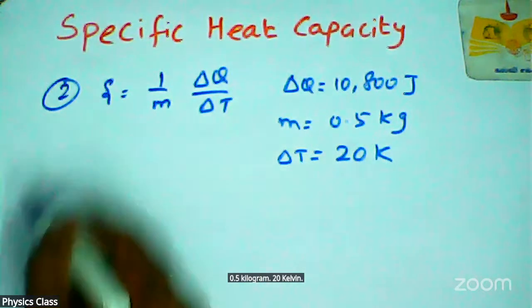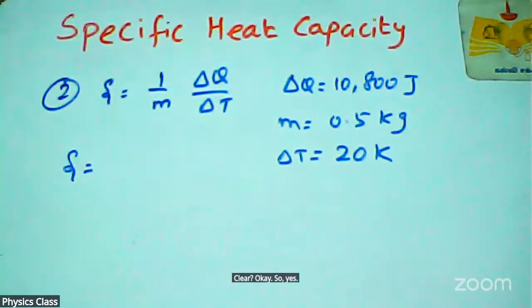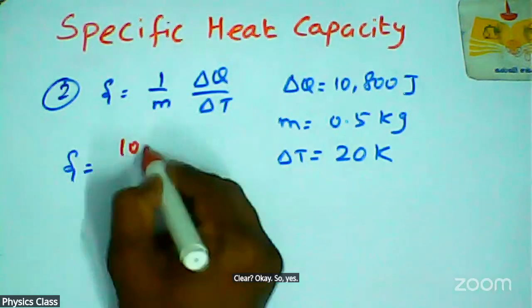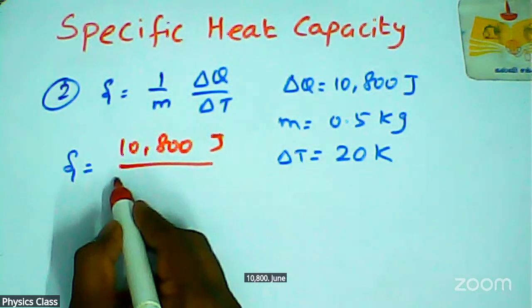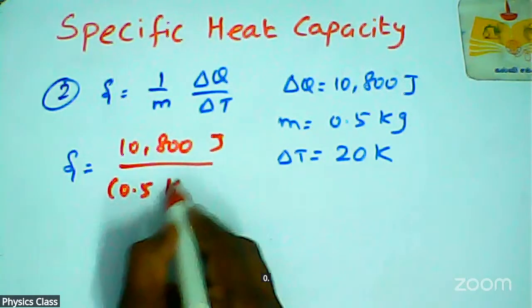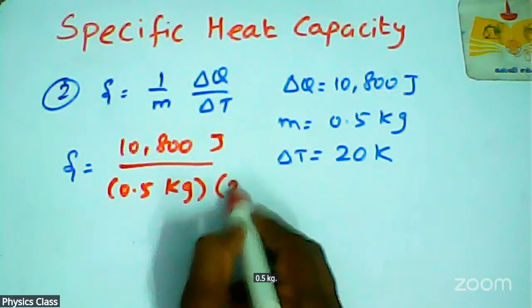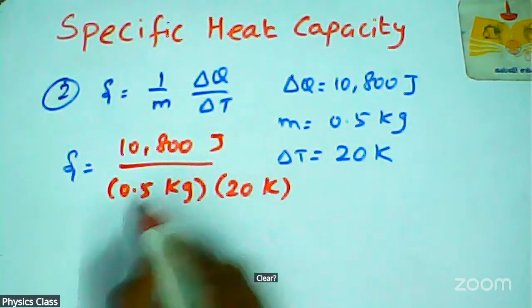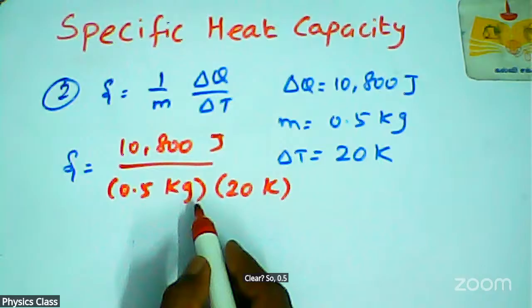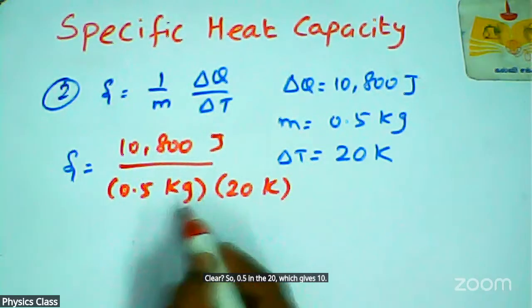So s equals 10,800 joule over 0.5 kg into 20 Kelvin. 0.5 into 20 gives 10.